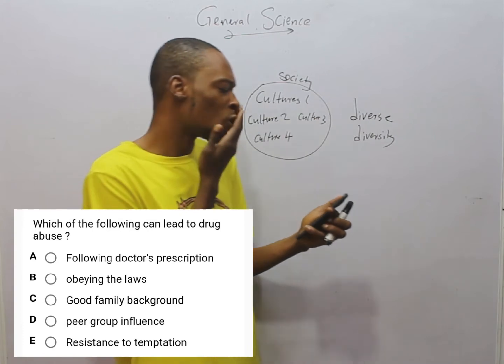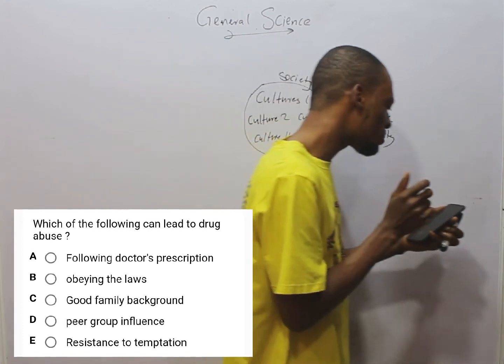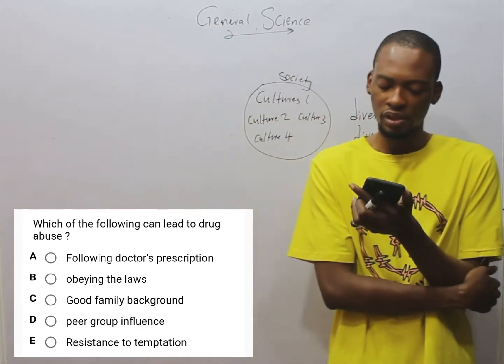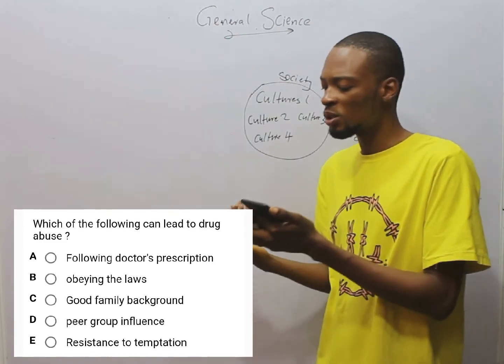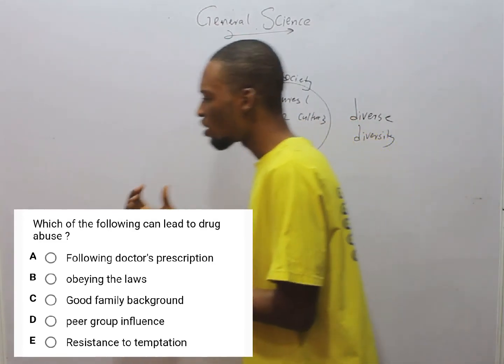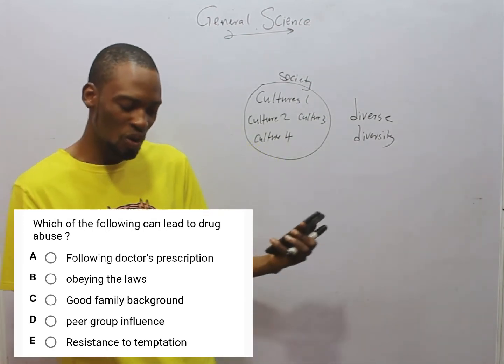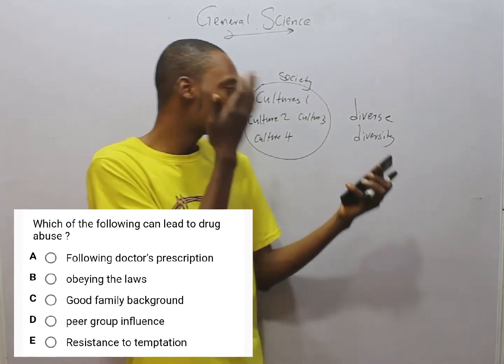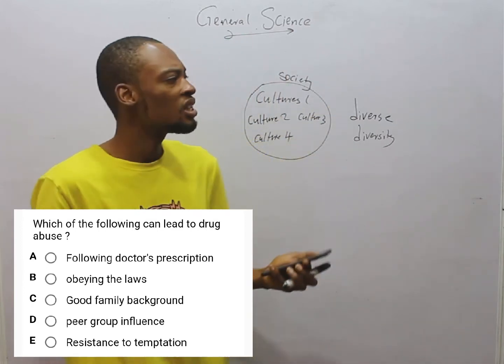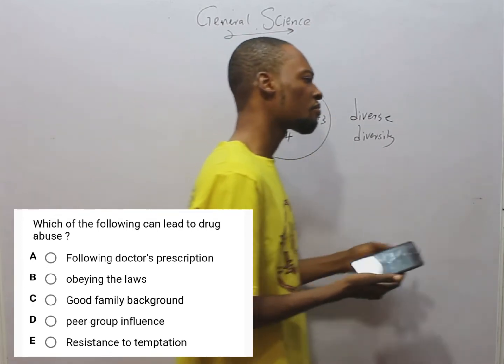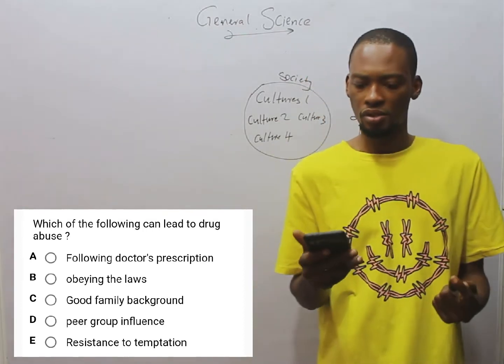Now this question is asking, which of the following options can lead to drug abuse? A says following doctor's prescription. Following doctor's prescription simply means doing according to what the doctor said, taking drugs that the doctor prescribes. If you are doing that, then you are not abusing drugs.